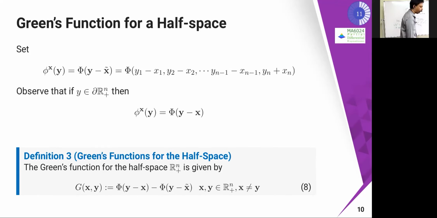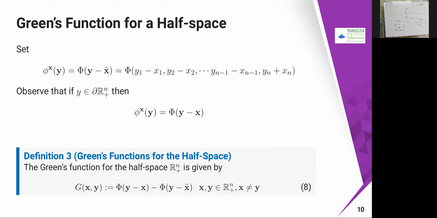So what we do is define Φ x of y in this plane, for this R^n plus. What is our Φ x of y? That is nothing but Φ of y minus x delta in R^n.